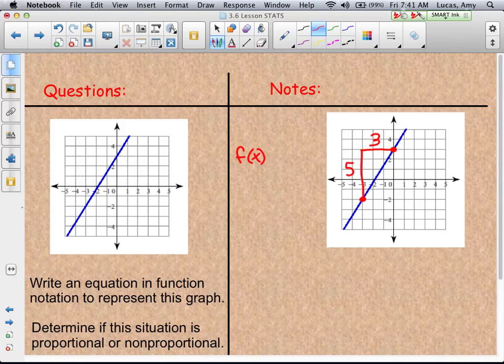So f of x equals 5/3 x. And then my intercept, where it goes through the axis, here's the origin, so it's up 3. So +3. And it does not go through the origin, so it's non-proportional.